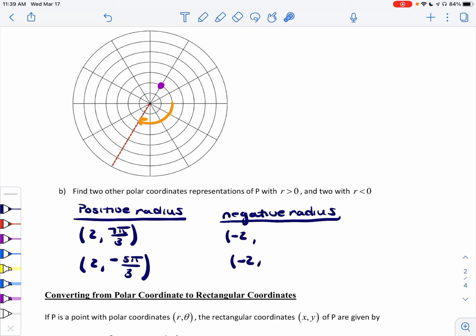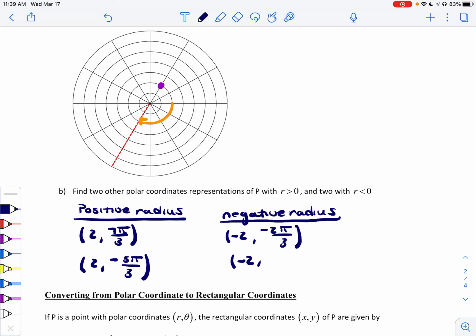So it still has to be a 60-degree angle, in other words. So if we were to go the negative direction, that would be a negative 2 pi over 3 to get to that angle in quadrant 3.